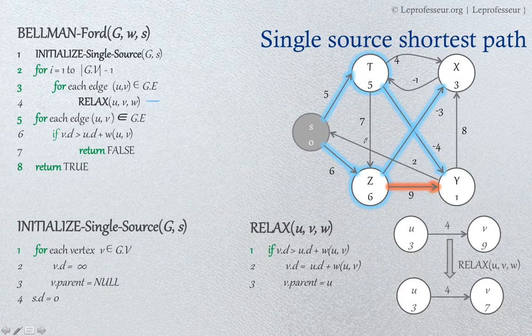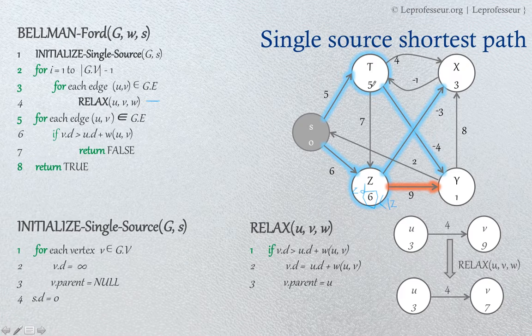What is the weight on z, or z dot d? It is 6. 6 is less than 7 plus 5, that means 12. So we don't touch it because we already have the lower z dot d.